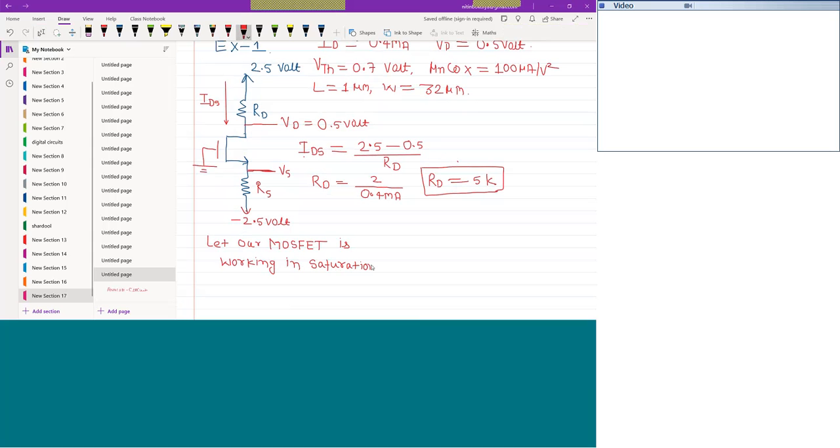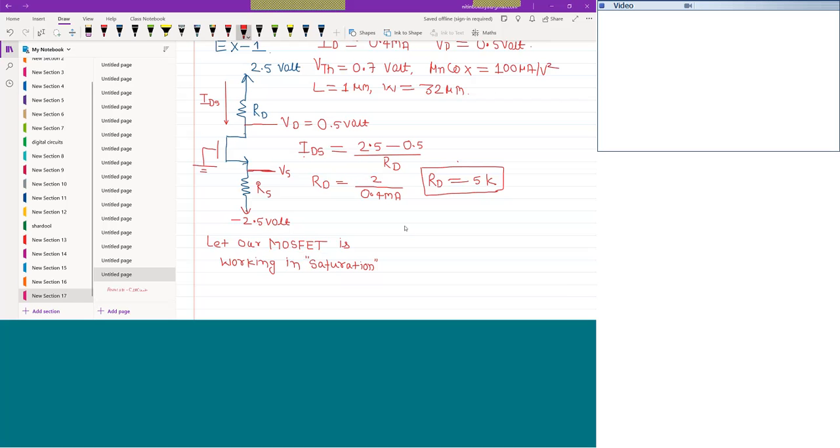Our MOSFET is working in saturation region. So this is our idea of analyzing the transistor. So what is saturation region?